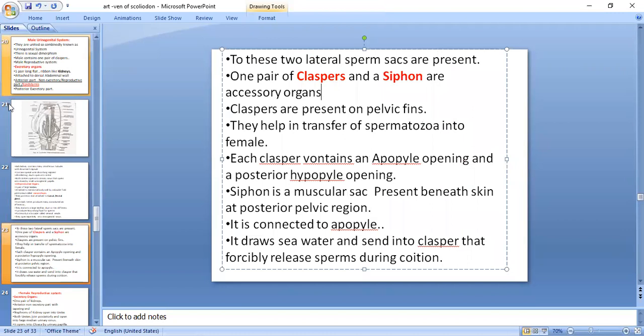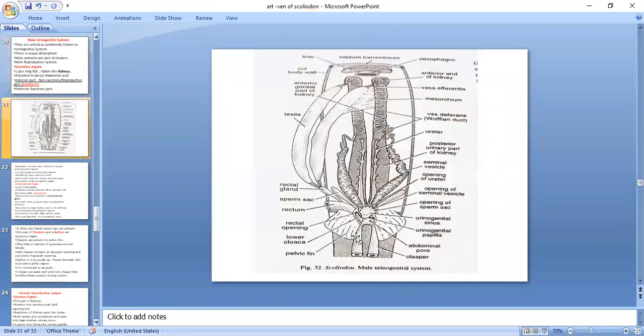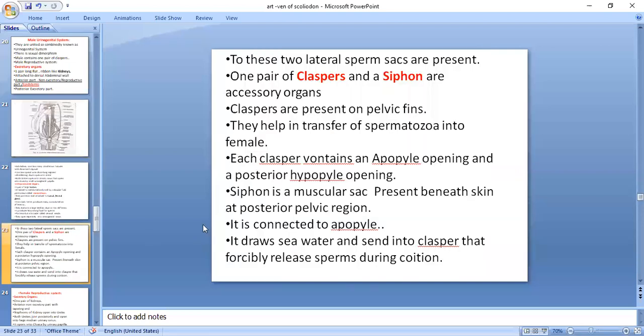What are claspers? The claspers are the copulatory organs. They are formed from the median part of the pelvic fin. The median part of the pelvic fin is modified into a pair of claspers, which are copulatory organs. Claspers are present on the pelvic fins.